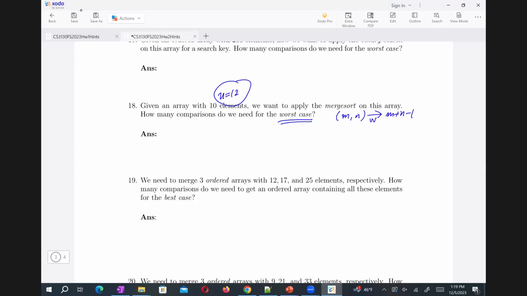Because here we split first. We split our array into many subarrays. Then we merge two adjacent subarrays. At the end, we get a whole array. That's our standard merge sort procedure. We need to go through all these details.